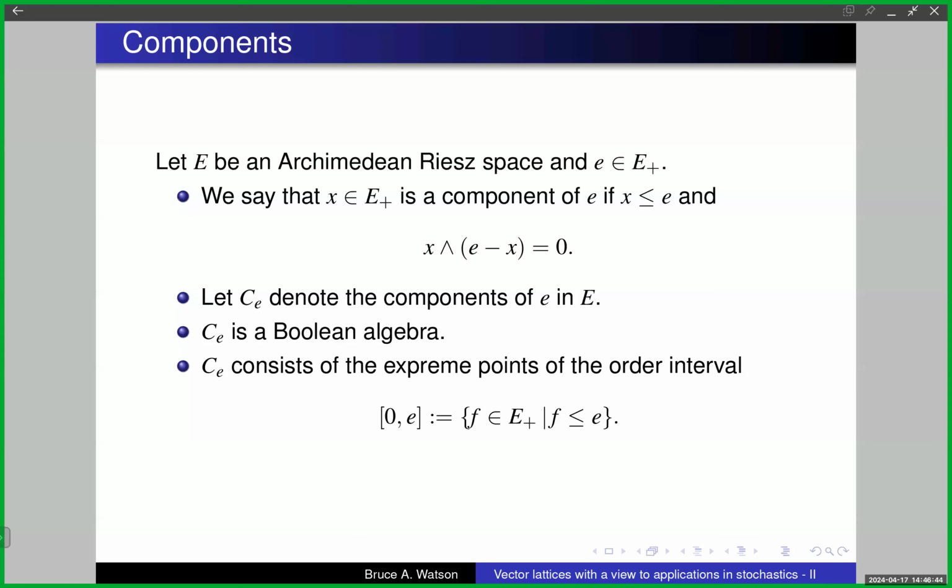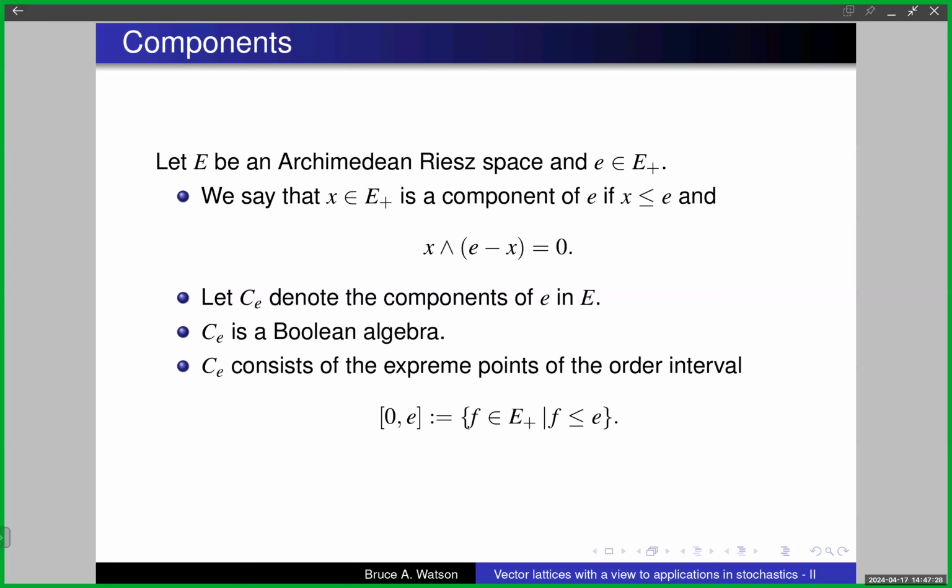So we take an Archimedean Riesz space E, and we take some element, little e, in the positive cone of E. We say that an element x in the positive cone of E is a component of little e if x is less than or equal to e, and the infimum of x and e minus x is 0. So they're disjoint. Both e minus x and x are non-negative, they're both in the positive cone, and they're disjoint from each other. So that is what being a component of e means.